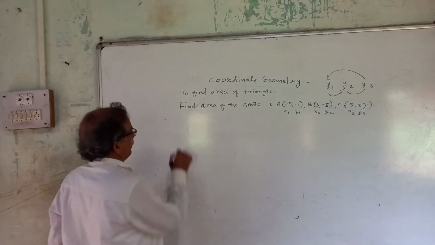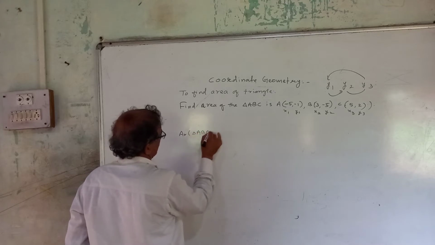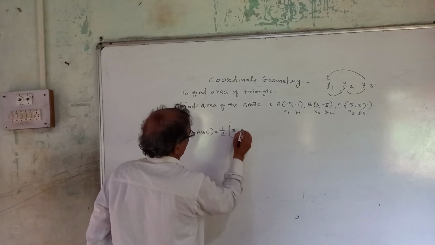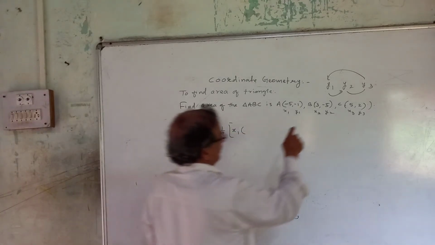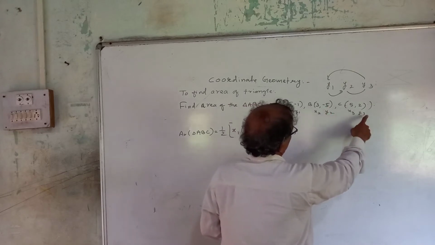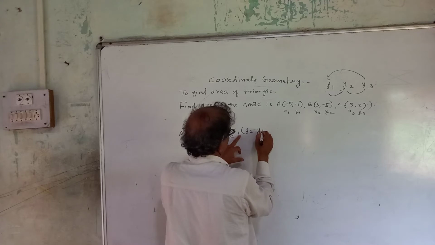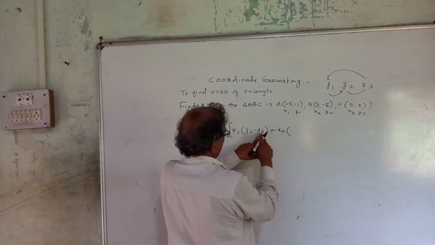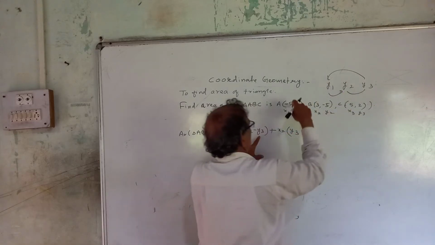And now the formula for the area of a triangle ABC: half, first x1 into the difference of the y coordinates of the second point and third one. So that is (y2 minus y3) plus, after x1, x2. Now y3 first, after y3 we will come y1.